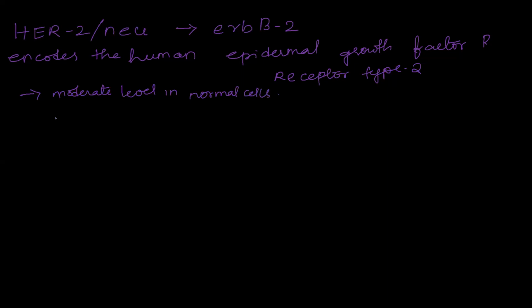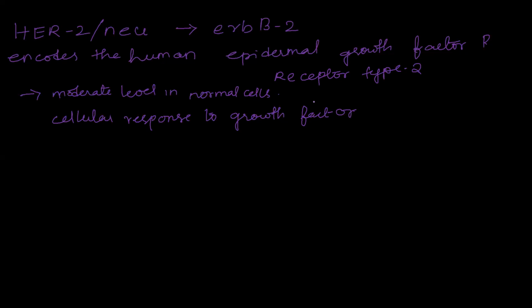So as the name suggests, it is the cellular response to growth factor. This human epidermal growth factor receptor type 2 is present in all normal cells, and it shows a cellular response to the growth factor.